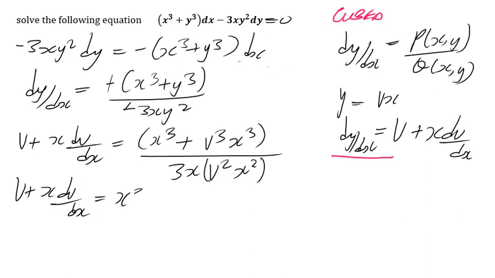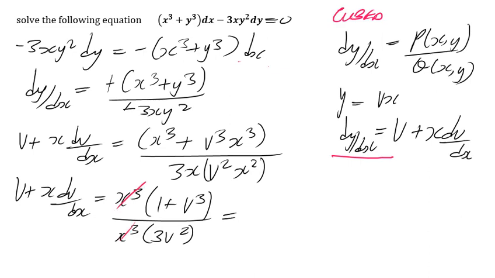At the top the common factor is x cubed, and in the denominator you also have x cubed as a common factor, because 3x times v squared times x squared gives x cubed. So you have x cubed times 1 plus v cubed divided by x cubed times 3v squared. The x cubed cancels, so the right hand side equals 1 plus v cubed divided by 3v squared.